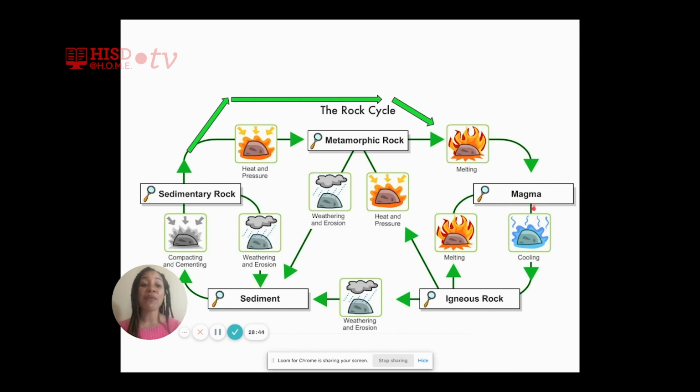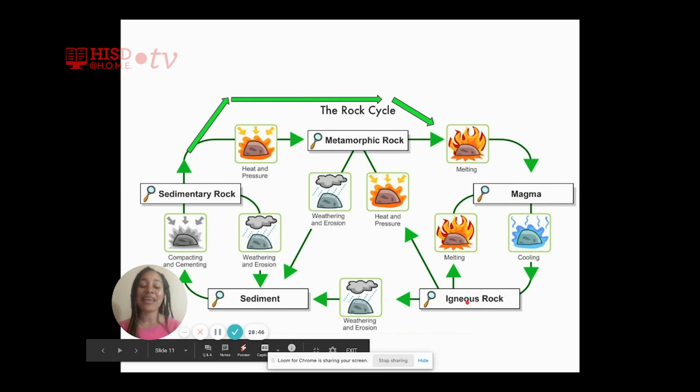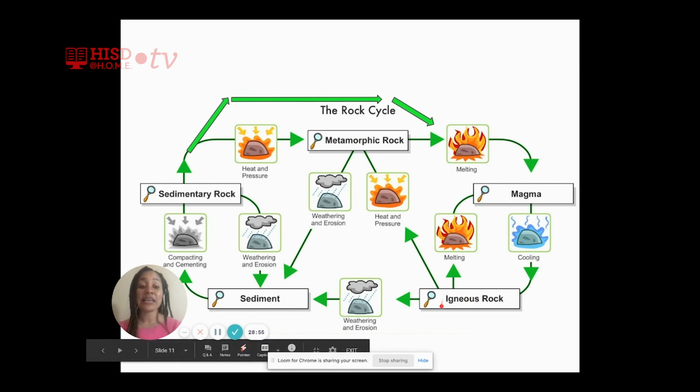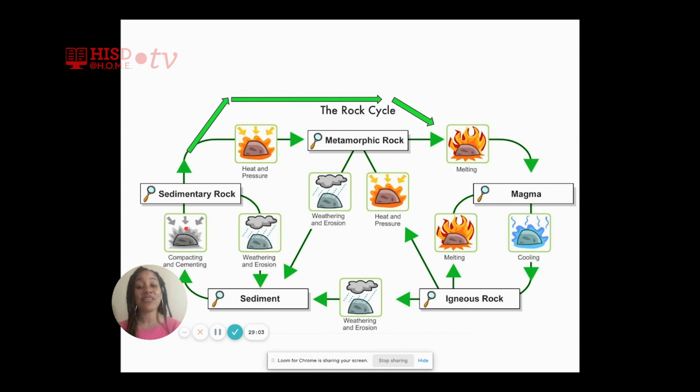Once our magma cools, it will form igneous rock. Now, if this igneous rock undergoes heat and pressure, it will form metamorphic rock. But if this igneous rock undergoes weathering and erosion, it will form sediments. And if those sediments are compacted and cemented together, it will form sedimentary rock.